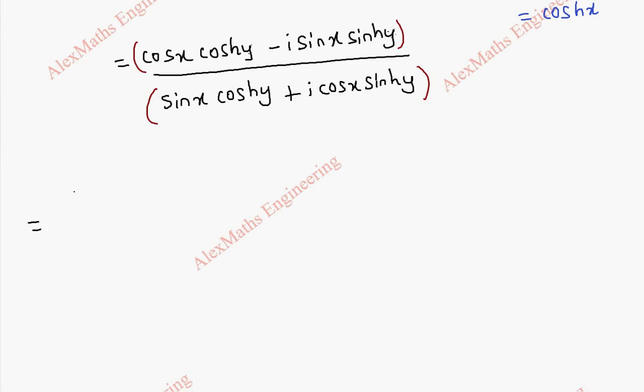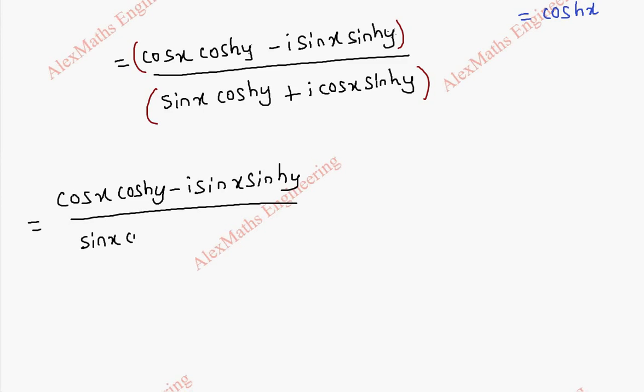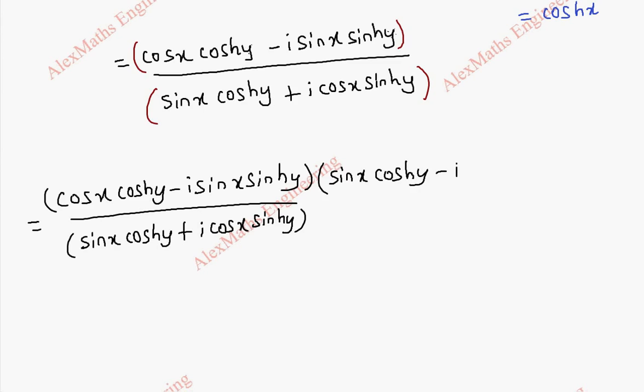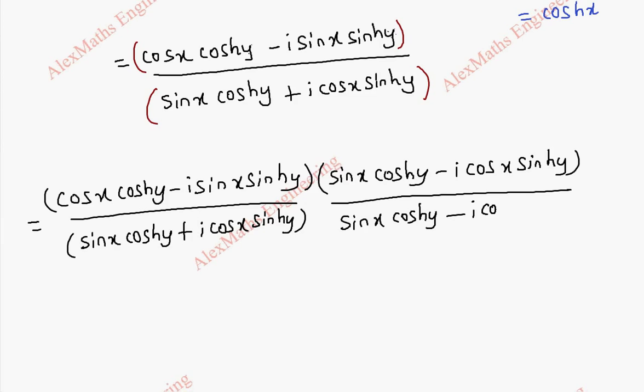So before that, we have to copy the entire term, cos x cosh y minus i sin x sinh y, whole division, sin x cosh y plus i cos x sinh y, into its conjugate of the denominator, sin x into cosh y minus i cos x into sinh y, whole division, again the same thing, sin x into cosh y minus i cos x into sinh y.